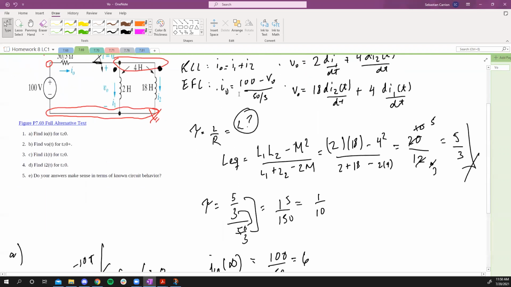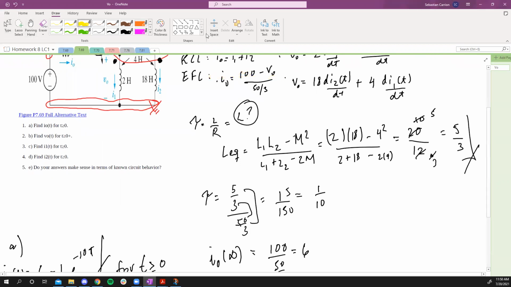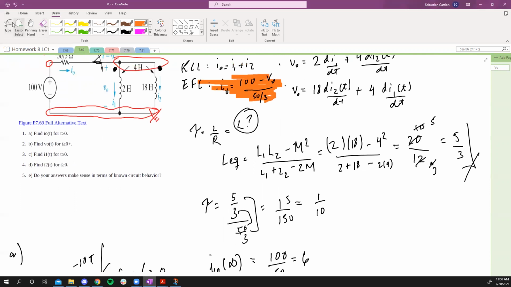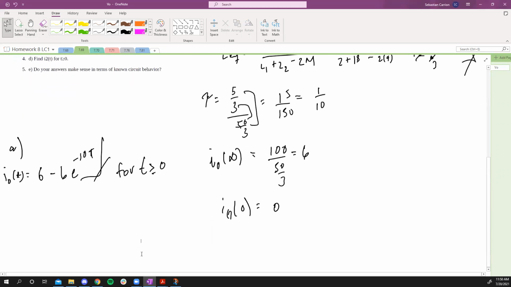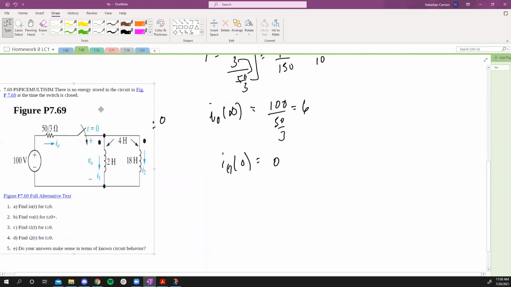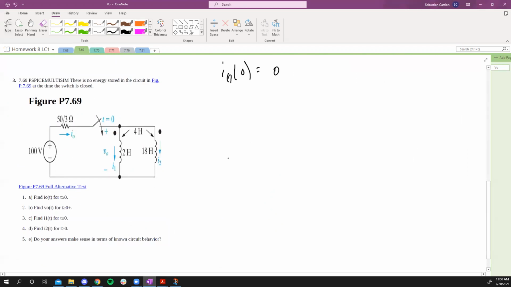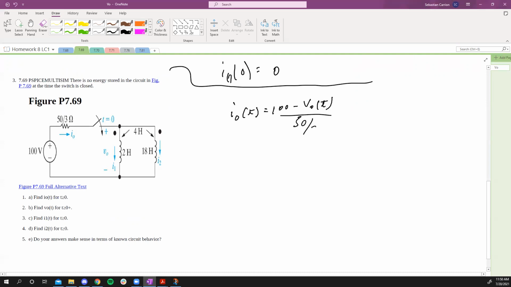We can grab this equation right here: I naught of t is equal to 100 minus V naught of t over 50 over 3.